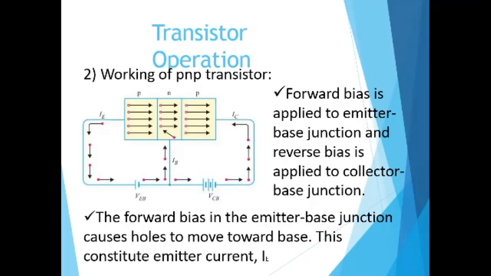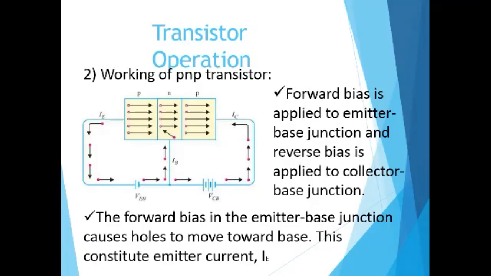Okay. So forward bias is applied to the emitter base junction and reverse bias is applied to the collector base junction. This is the minimum requirement for the working of any transistor. Once you arrange it like that, our transistor is ready to work. The forward bias in the emitter base junction causes holes to move toward the base. In an NPN transistor the electrons move to the base, but in a PNP transistor holes move towards the base.